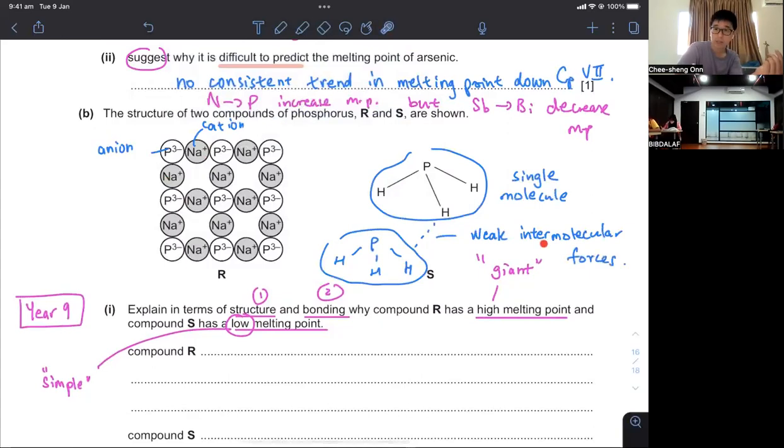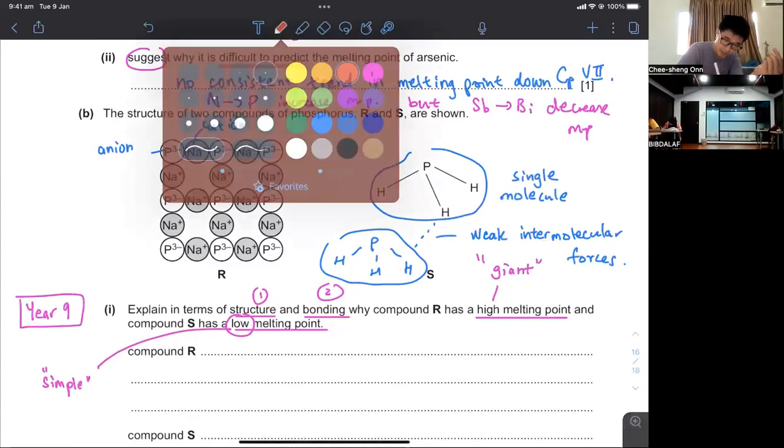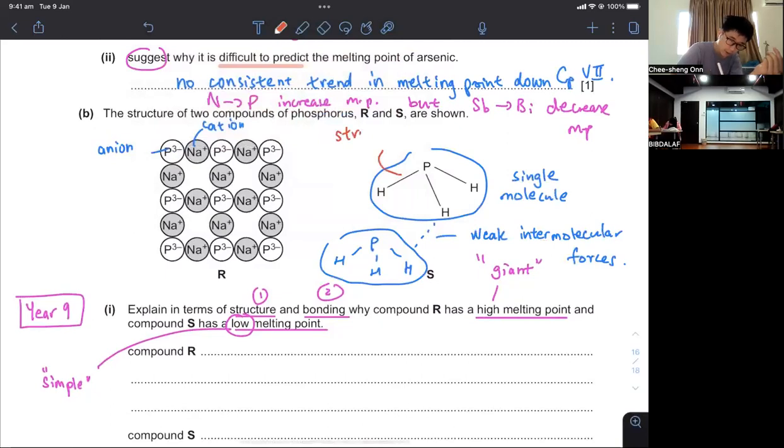Inter means in between, intermolecular. In between the single molecules, you have weak intermolecular forces. But inside here, you have strong covalent bonds. Strong covalent bond, but you have low melting point for S. You cannot be breaking the strong one. You have to be breaking the weak intermolecular forces because of the simple covalent structure. Here, this is ionic bond. So this is actually giant ionic lattice structure.